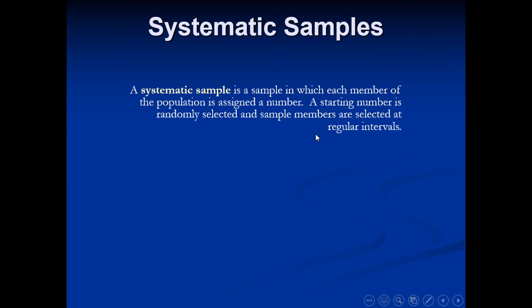So in systematic sampling, data is picked on the basis of the number which has been given. So the starting number is randomly selected and the sample members are selected at what? At a regular interval. So you need to give an interval. After what period? After what numbers will you be picking the data?